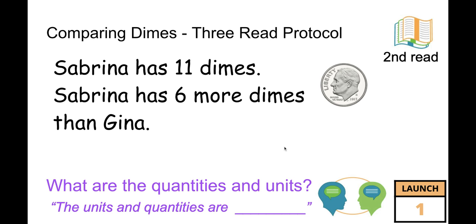So, are you ready? What's one of the quantities? 11. That's right. We know Sabrina has 11. What are her units? Dimes. That's right. We also know that Sabrina has 6 more than Gina.